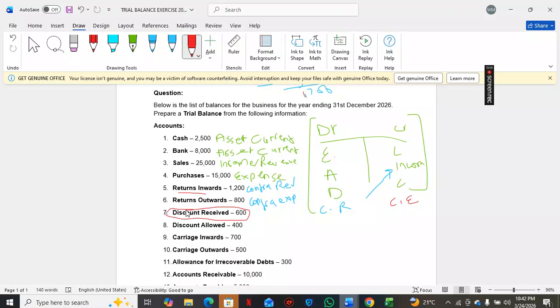Or if you want to treat it as income, after you get your gross profit, you add other income, then you can put discount received there. So discount received can be looked at as income, a form of saving for you, or as a contra expense because it's reducing your purchases expense. So where is it going, colleagues? Debit or credit side?